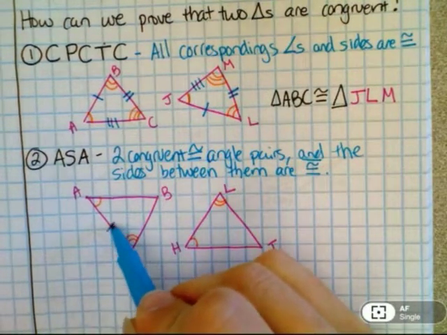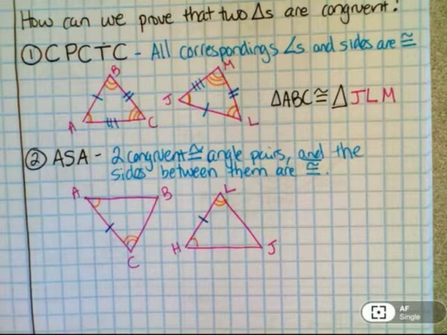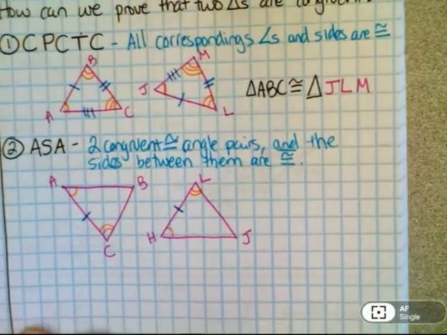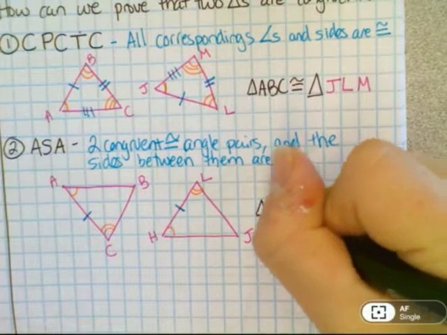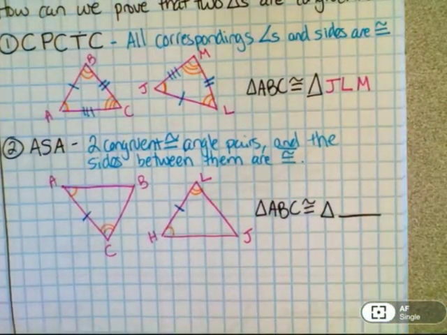So it would have to be that side and that side. If it was different sides, then we wouldn't be able to use ASA here. So ASA means two angles and their included side. And so let's go ahead and write this congruent statement as well. Triangle ABC is congruent to triangle, and you fill it out for me.